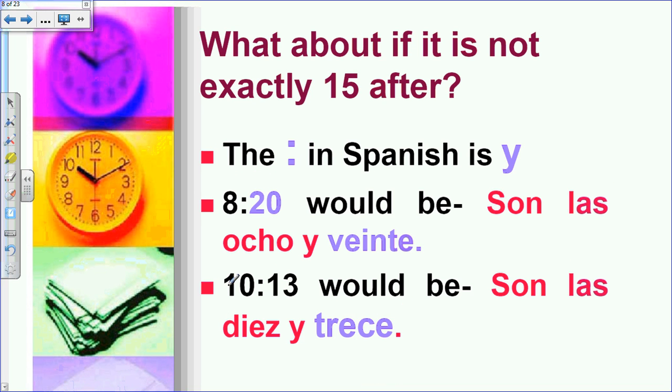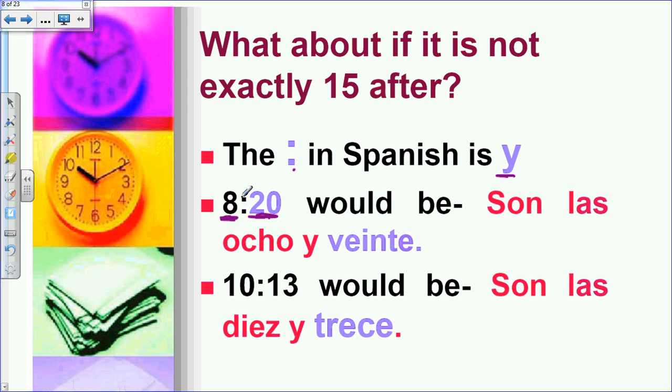Okay, so you've already started picking up on this. The colons here essentially are like the and in Spanish. So 8:20 would be represented by son las ocho. Take it step by step. Son las ocho. It's son las because it's not one.